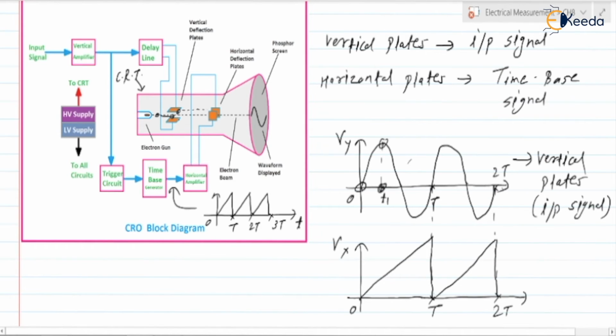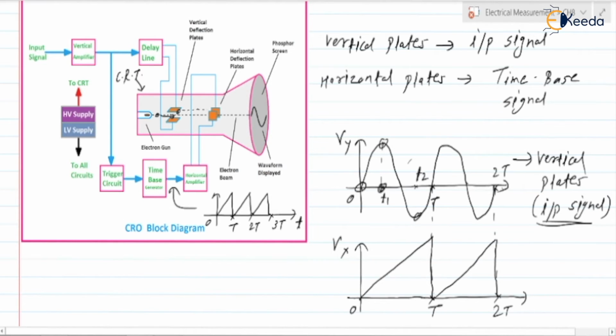Okay, so the potential difference between the two vertical plates depends on whatever input signal we are having. If the potential difference between the two vertical plates is at its peak, then this electron will be moving in the upward direction. Similarly, suppose corresponding to t is equal to t2, we are having the negative voltage peak value.